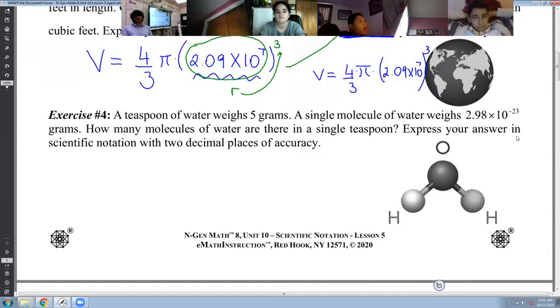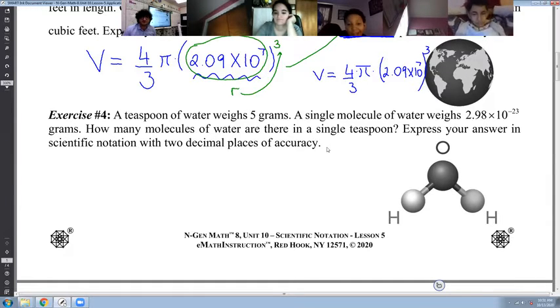Okay. All right. Exercise 4. Alex, can you read exercise 4? Yes. Thank you, Alex. A teaspoon of water weighs 5 grams.